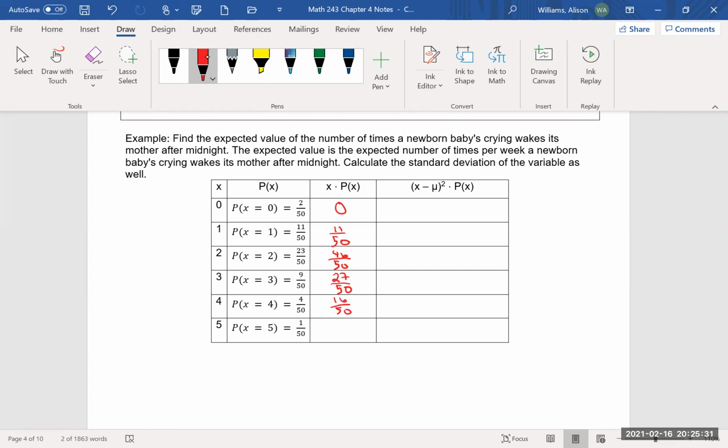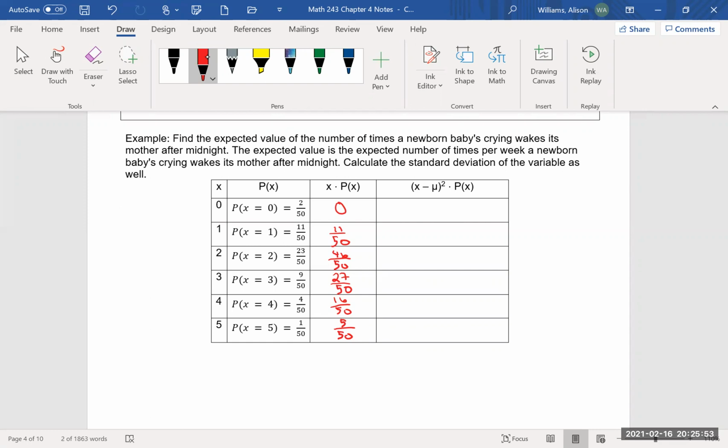And then 5 times 1 over 50 is just 5 over 50. All right, so that's multiplying these two first columns together. And I'm just applying the number to the numerator, with the exception of the first one where it's all 0.